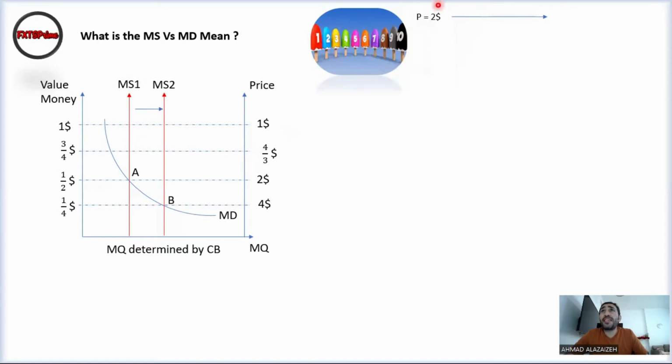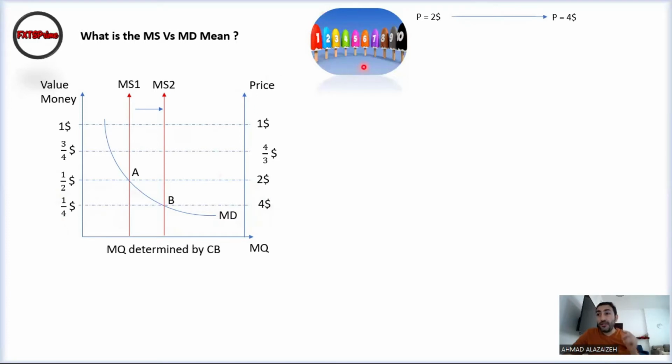So when the basket was at $2 in money supply 1, the value of the money was half. Then when we shifted the money supply to the right, the price increased to $4 for the basket, and the money value decreased because now I have more money quantity in the market, but the basket is still the same.